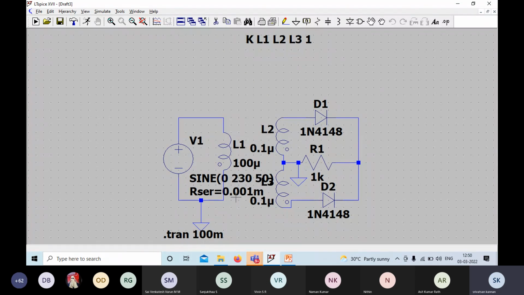You can give the series resistance of 0.001 milli ohm. L1 value is 100 micro henry, L2 is 0.1 micro henry, and L3 is 0.1 micro henry. Both L2 and L3 values are the same. Diodes D1 and D2 are the same, 1N4148, and the resistance value is 1K.